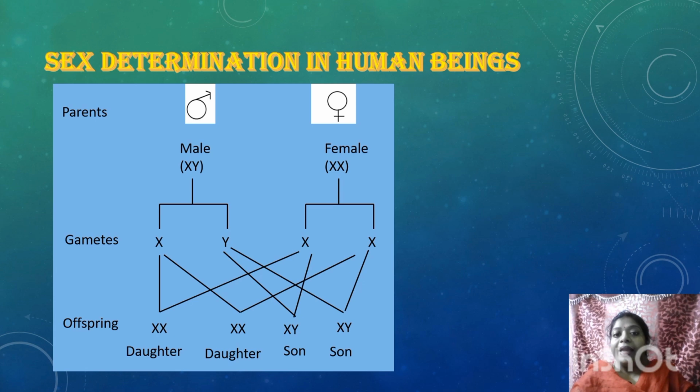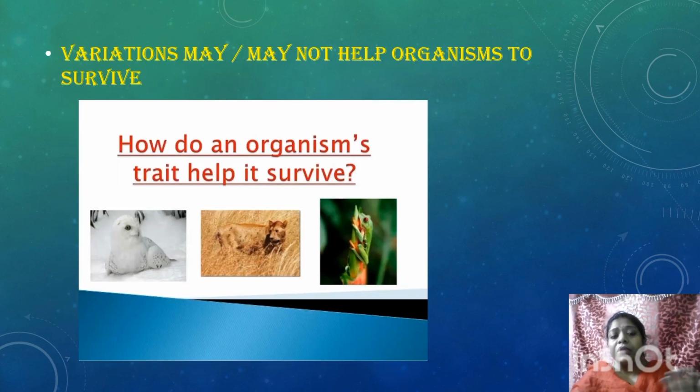So the next slide will be: how do an organism's characters help in the survival of the fittest? All of you know that all living organisms are able to reproduce. Why are they able to reproduce?